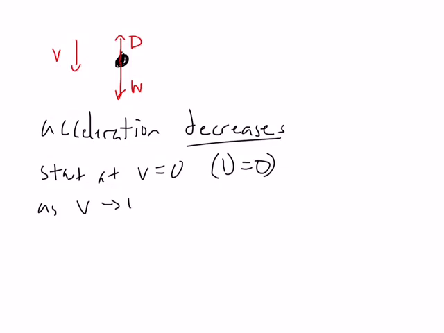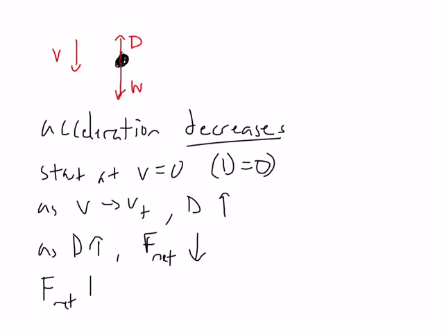So as v approaches v terminal, the drag force increases. Since the drag force and the weight force are in opposite directions, as the drag force increases, the net force must decrease, right? Because the weight doesn't change. So we're canceling out more of it, right? And so as the net force decreases, the acceleration must also decrease, right?